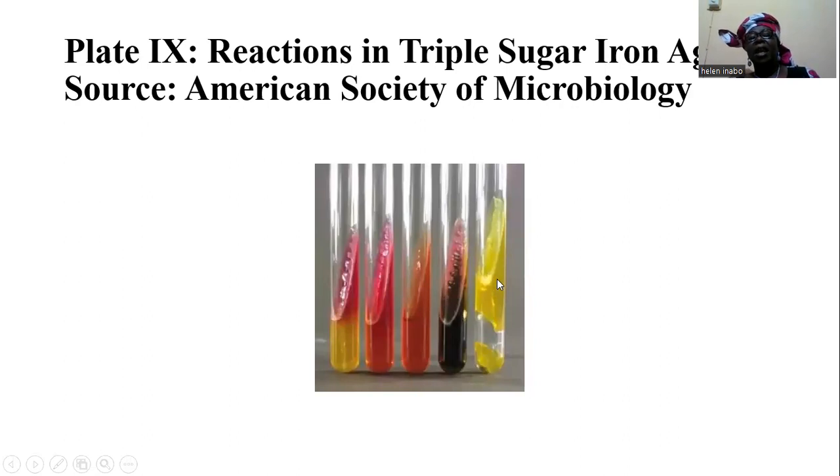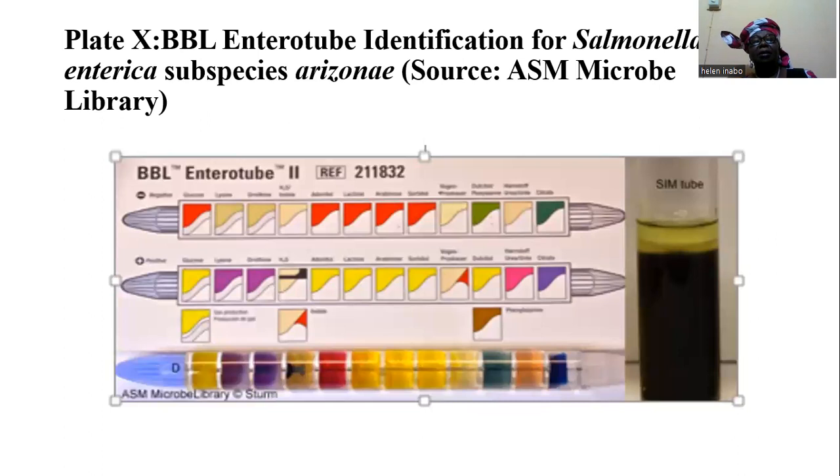Then for Salmonella, some serotypes are known to produce gas, although most of them don't produce gas from the glucose that is present in the triple sugar iron agar.